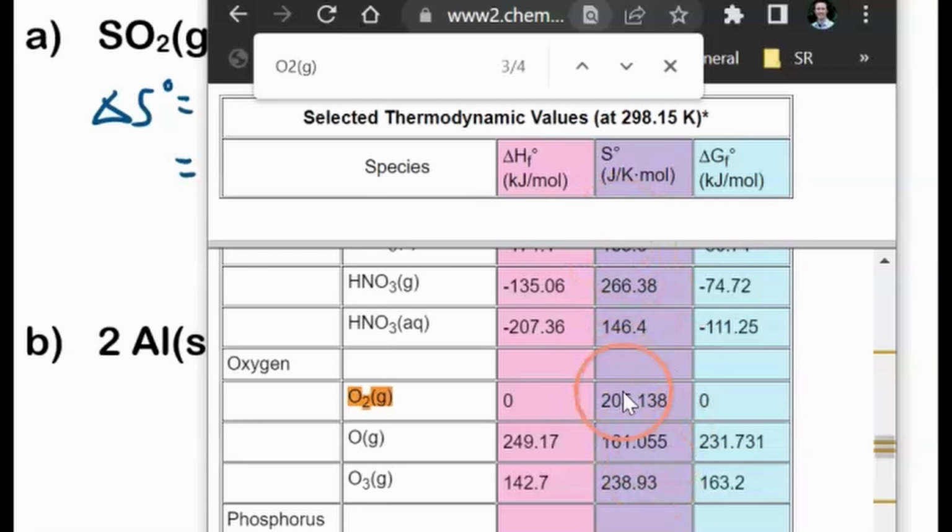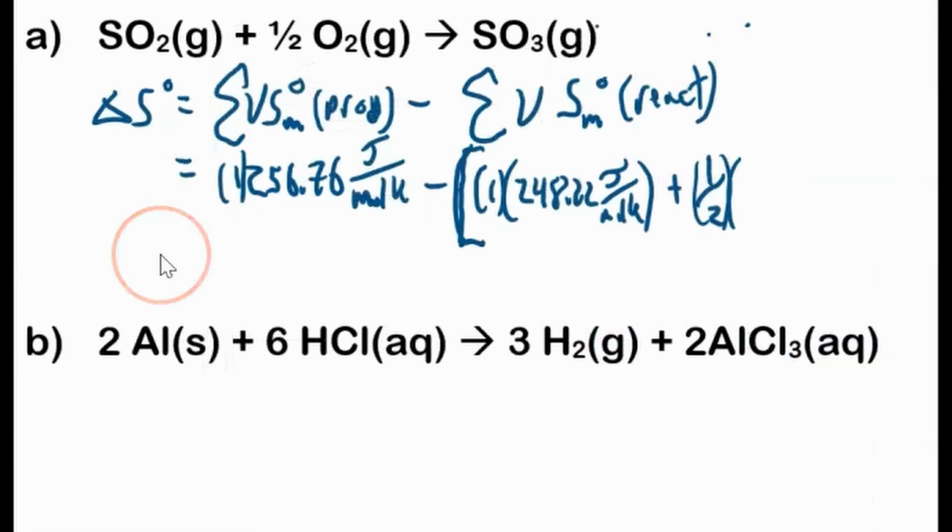This number is never 0 for substances at 298 Kelvin for the molar entropy. So always just go to the table rather than use your gut, unless you already know that. So the molar entropy is 205.138.